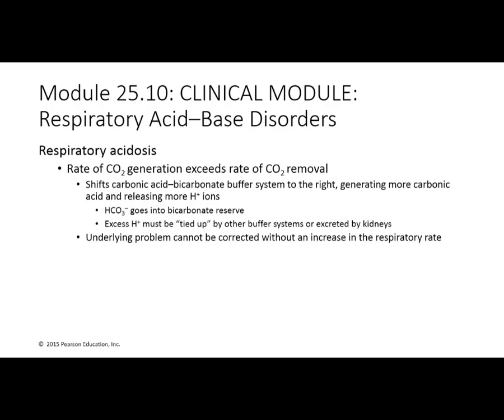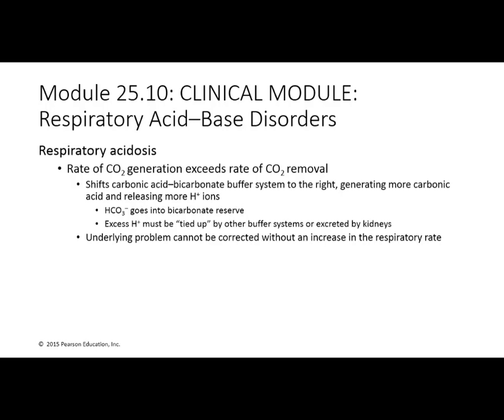That CO2 is going to be converted to more of the carbonic acid. But basically, how much CO2 you're making is exceeding the rate that it's being removed. And in this situation, the lungs are not able to take care of it by themselves.